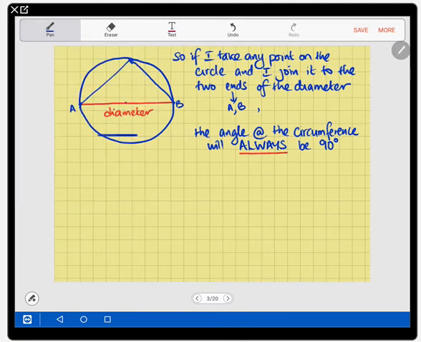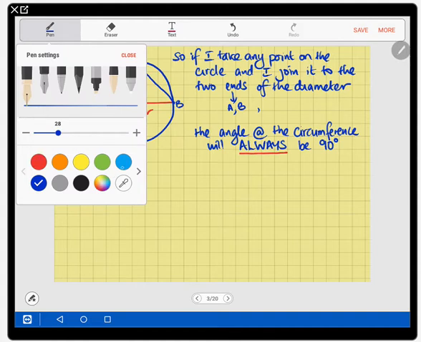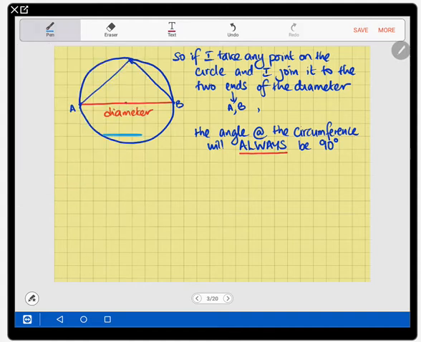If I take this point here, for example, and I join it to the 2 ends of the diameter, this will be 90. And if I take this point here and I join it to the two ends of the diameter, this will be 90 degrees as well.